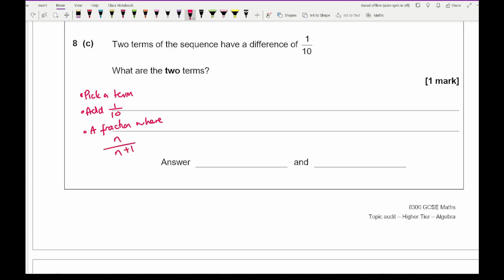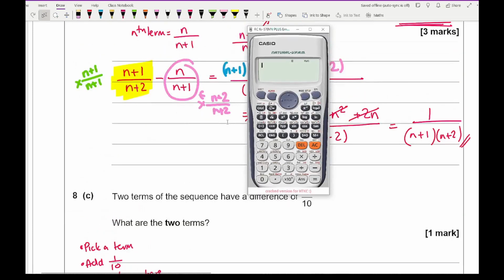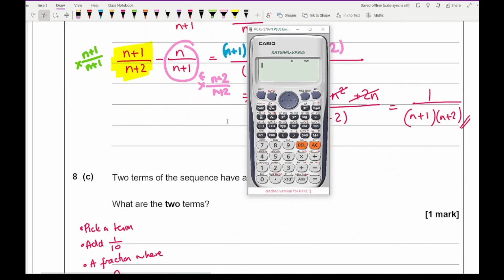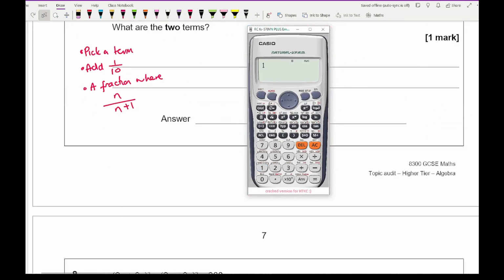So let's get the calculator out. The first fraction is a half. So if I do 1 over 2 plus 1 over 10 equals, now you can see what I'm looking for is the difference between the numerator and the denominator being plus 1. So here the difference is 2, so that's not going to work.